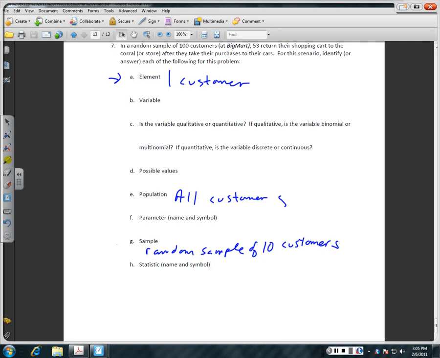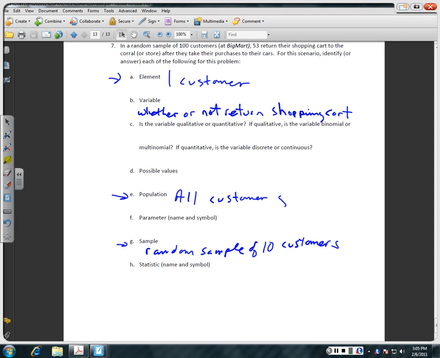The variable is whether or not they return the shopping cart. That's enough, but you could go on and be more specific to say whether or not they return the shopping cart to the corral or store after they take their purchases to their cars.